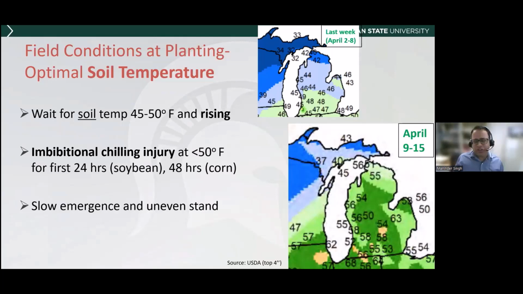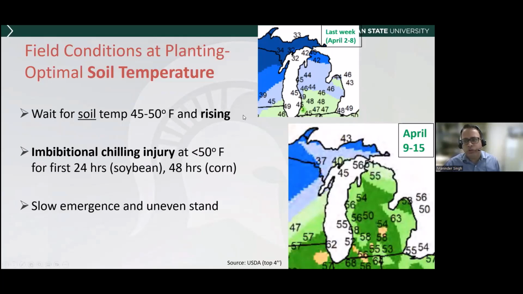I believe that threshold is lower now with the new genetics that we have. Breeders have done a good job developing genetics that can deal with some of these lower temperatures, especially in the case of soybeans. I believe the threshold is probably in the mid 40s or so. But the important piece here is again the rising.